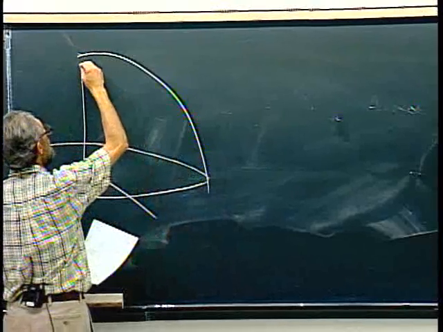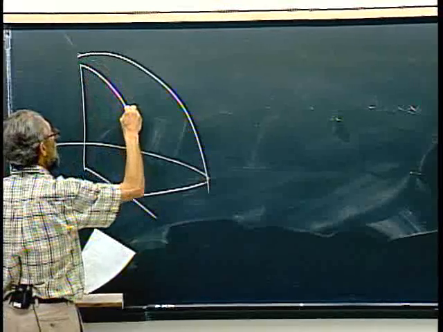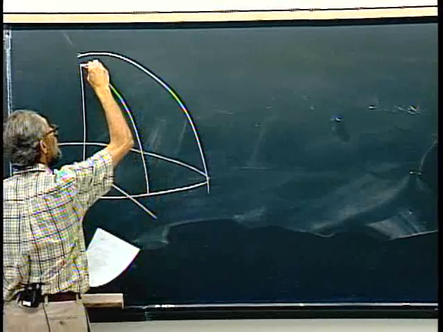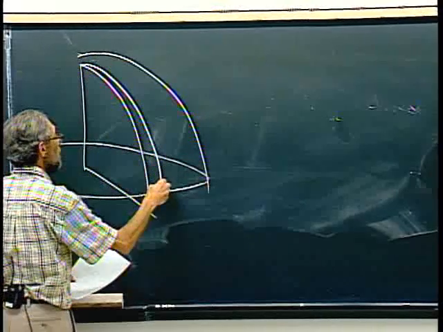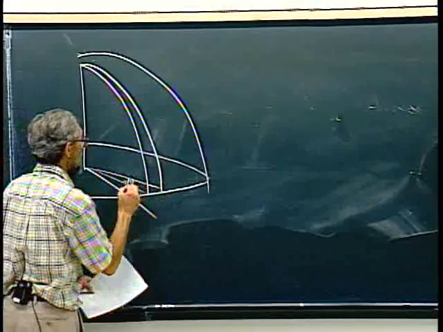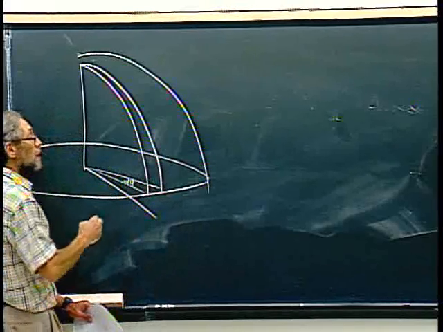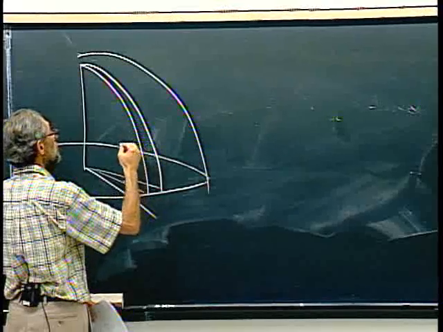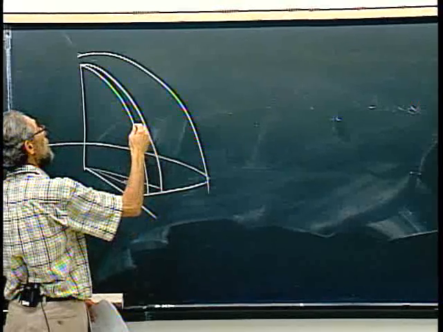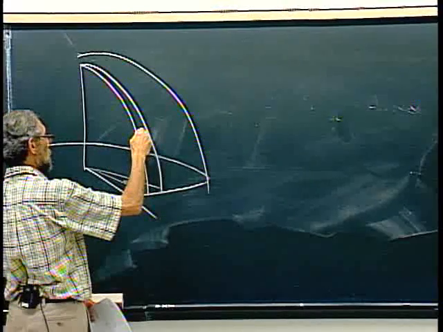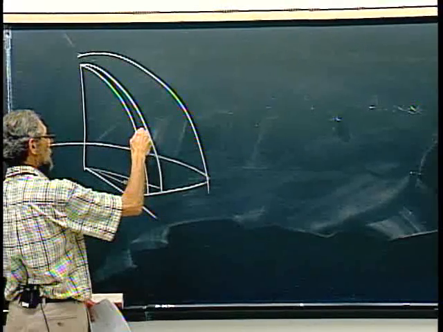And now I'm going to make a sector whose width is d phi, some angle here. And that's sort of a small amount of longitude change. And then I'm going to have a small amount of latitude change.